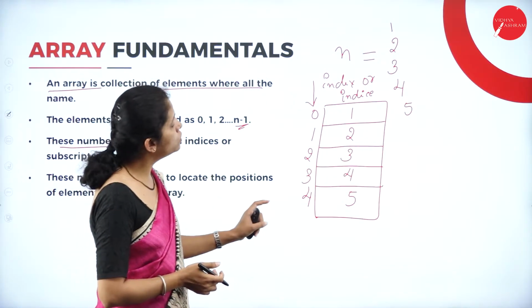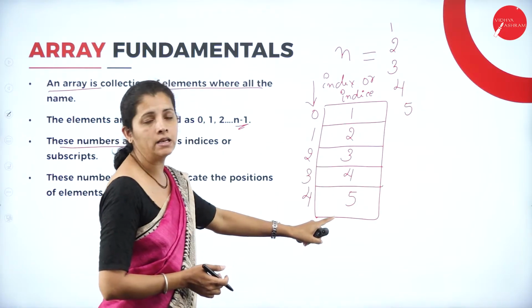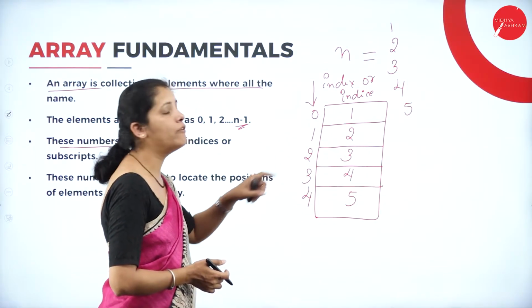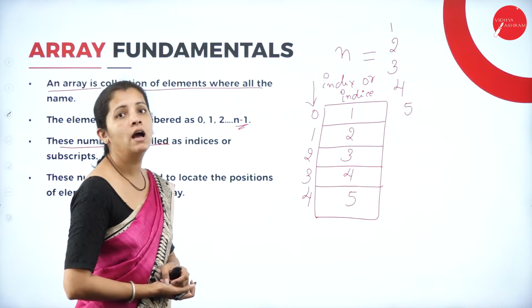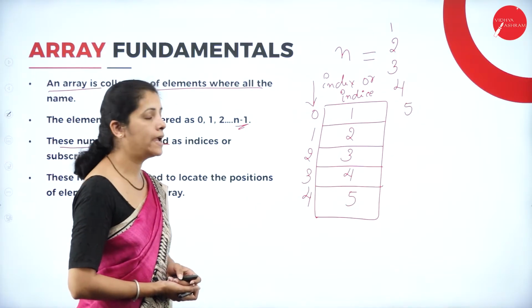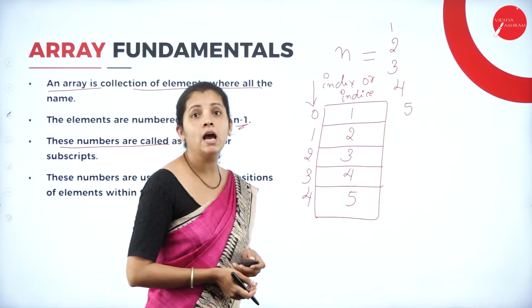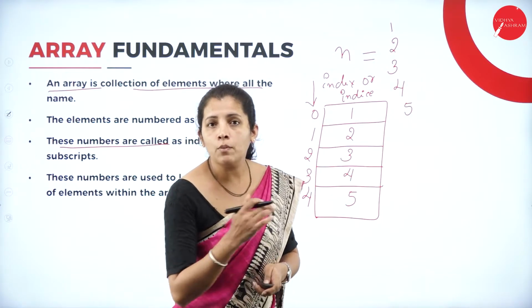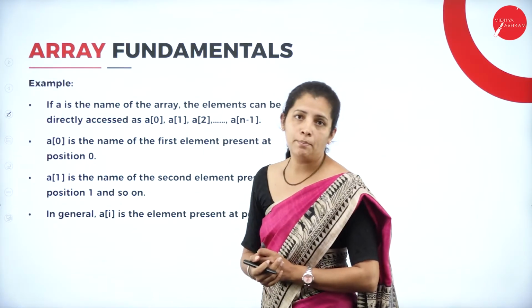Suppose I want to access these elements, then with the help of indices or index, I can access the element which is stored in the array. Now, I'm going to have an example here.